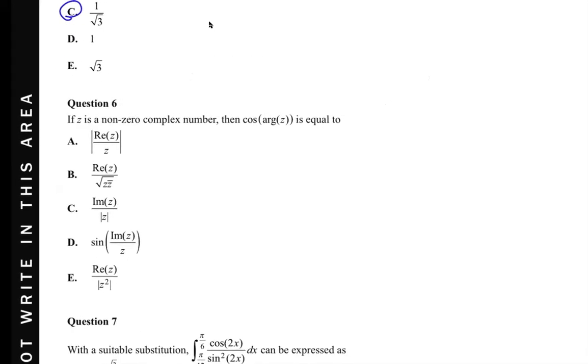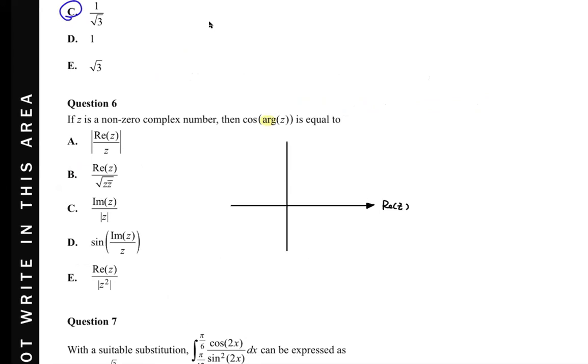Question 6. If z is a non-zero complex number, then cosine of argument z is equal to. Notice that they have a capital Arg here, which means it could be going beyond minus pi to pi, okay? In this question, I'm going to draw a little diagram. So this axis is the real axis.